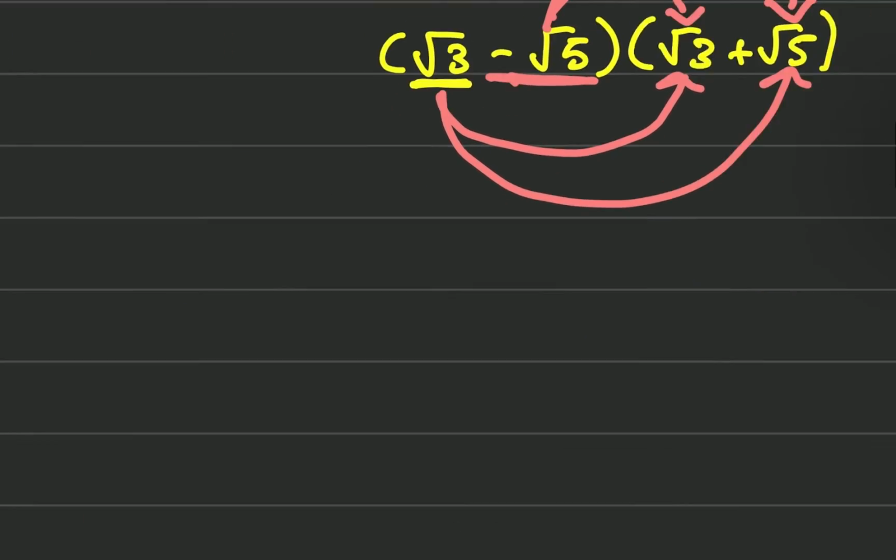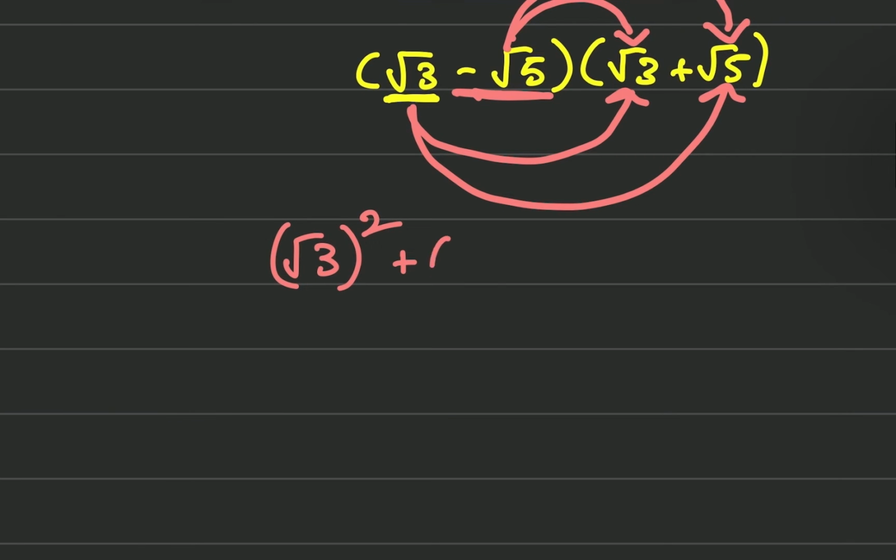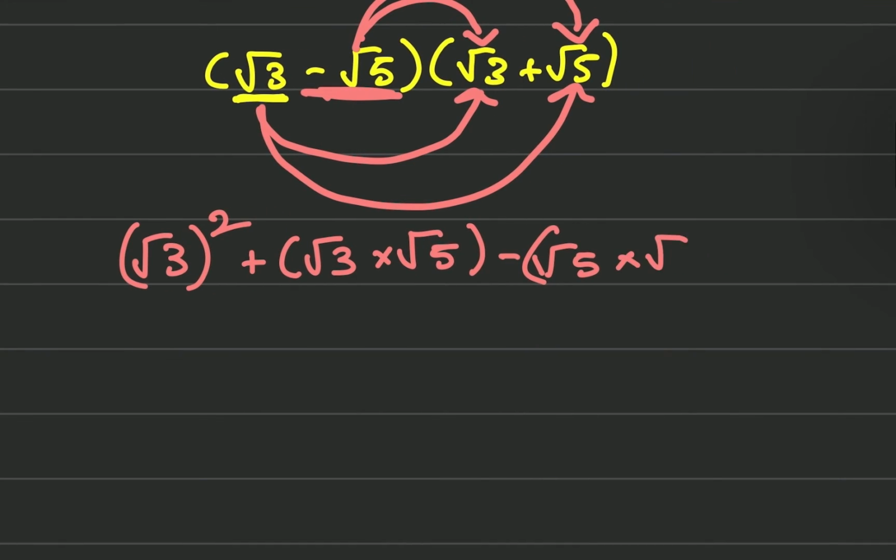Let's proceed. Root 3 into root 3 is root 3 whole squared, plus root 3 into root 5. Then we approach this part, which becomes minus root 5 into root 3. And then minus and plus makes a minus, so that's minus root 5 whole squared.